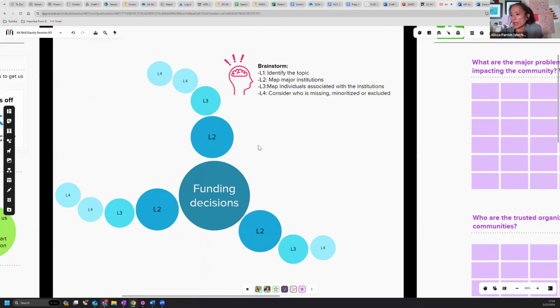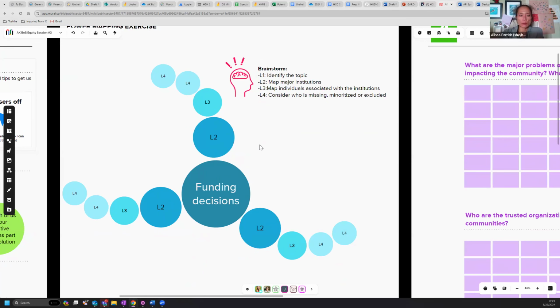As I said, we were thinking through what is a topic that would make sense to walk through this process with, or start to walk through this process with you all. Based on our first couple of conversations with you, the funding decisions piece has come up a couple different times. So we wanted to use that as a launching off topic for this discussion today, knowing that there are probably several others.